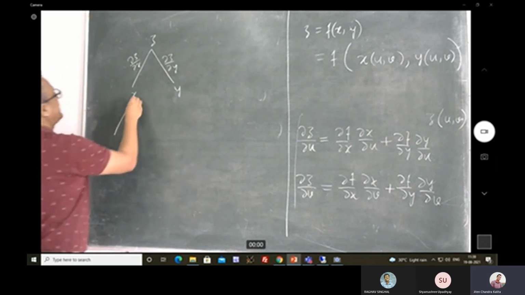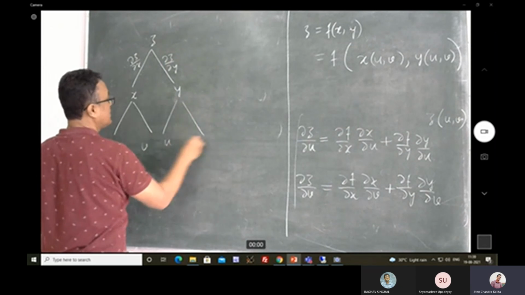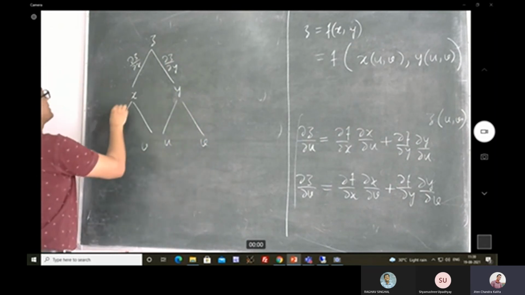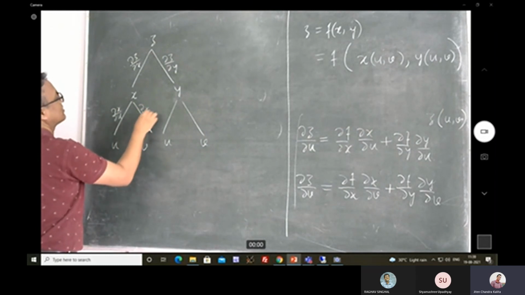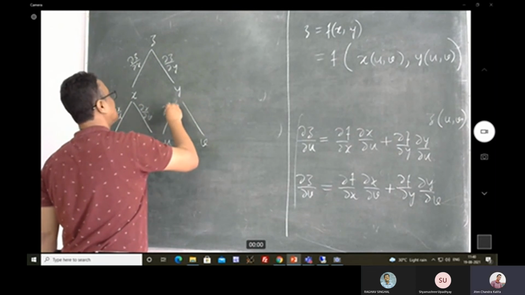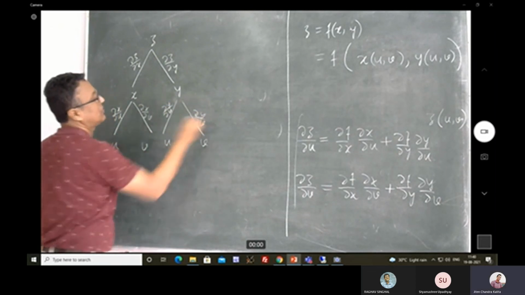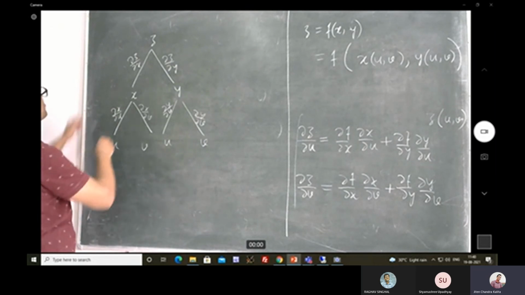And each of x and y is a function of another two variables, u and v, so I can have their partial derivatives with respect to them. You have all those partial derivatives present here, which will be required in this formula. So for the first formula, what if you have to take the partial derivative with respect to u? You are simply going to use what?